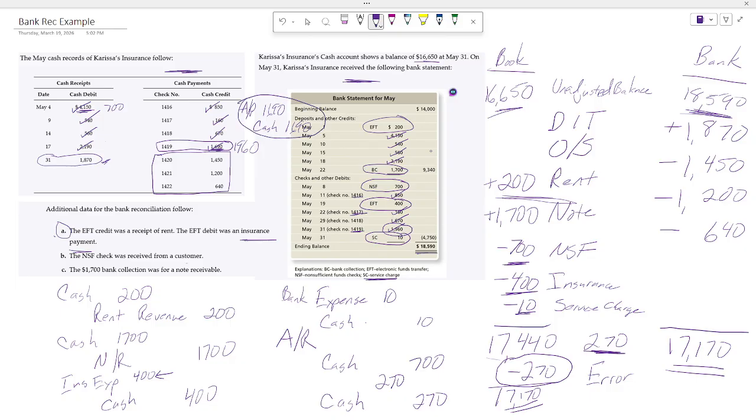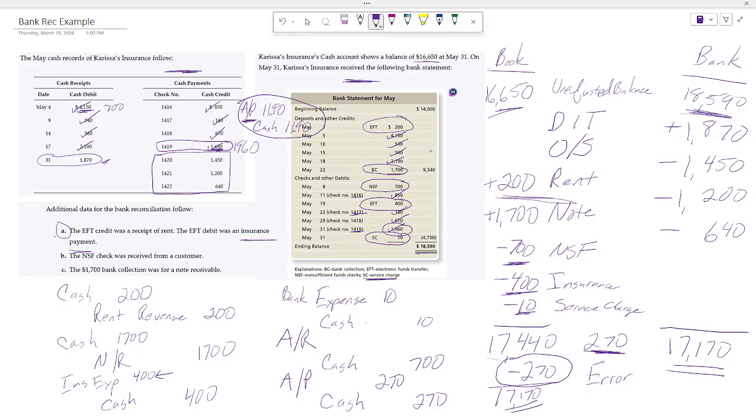So we need to use the same account that was in the original journal entry. In this case, it is accounts payable that we are trying to fix. If this were a deposit we are trying to fix, it might be accounts receivable. It might be sales revenue.